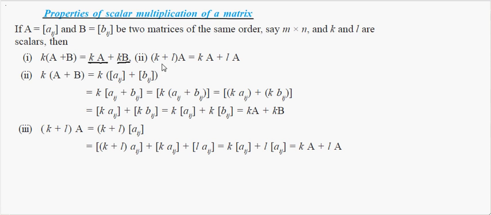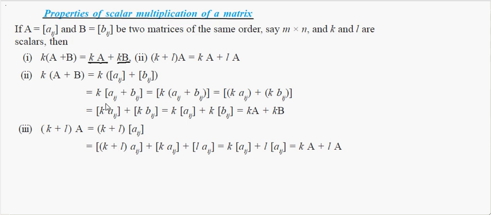Suppose you have two scalars, K and L. So K plus L times A will be equal to Ka plus La: first find out Ka, then find out La, and if you add these two resulting matrices, the answer will also be the same. So that is what is given here, K times Aij, where matrix A is Aij and matrix B is Bij.